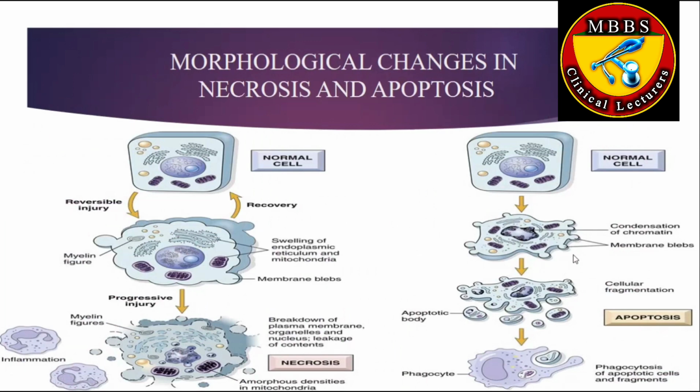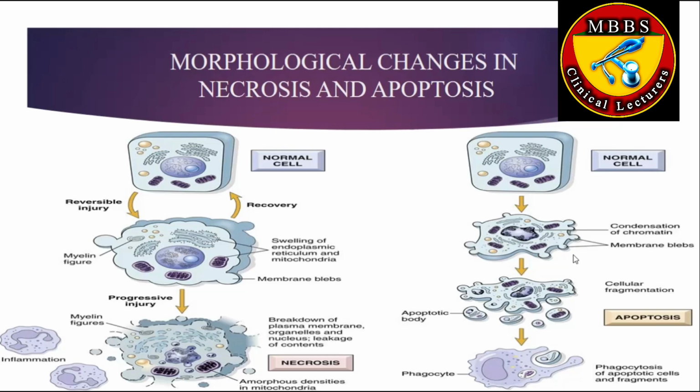Now this is a diagrammatic presentation of the morphological changes in cell injury, and we can compare the morphological changes in necrosis and apoptosis. First we are going to revise the morphological changes in necrosis, as we already discussed.